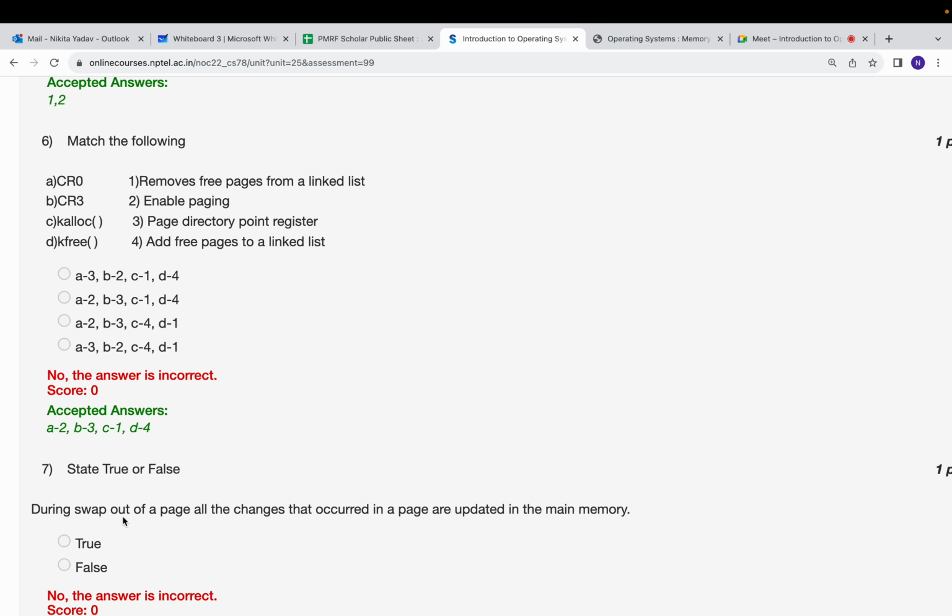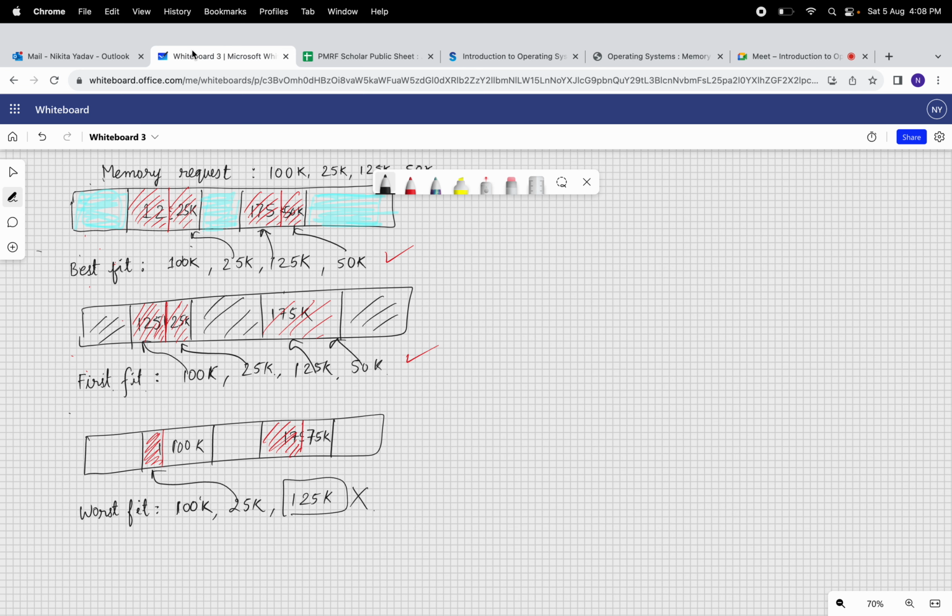If the page is not dirty, then you do not need to store it back in the swap space or the disk. But if the page is dirty, then you need to write it back to the disk, and then you can move the new page into that page location. I'll just explain it here once again.